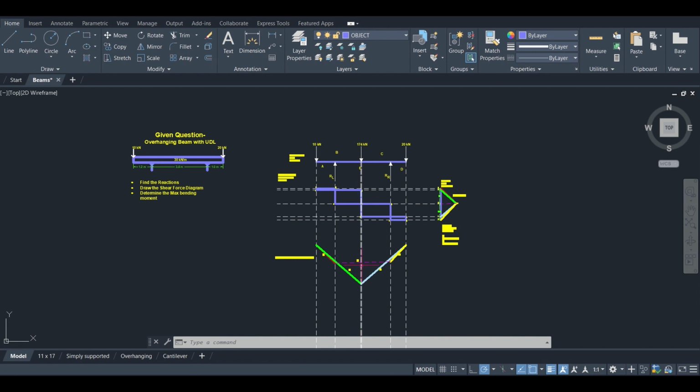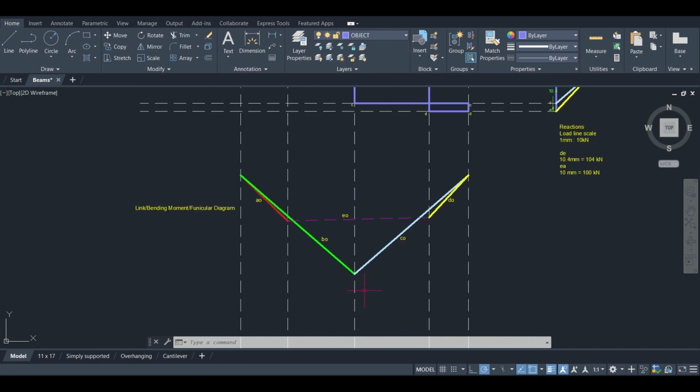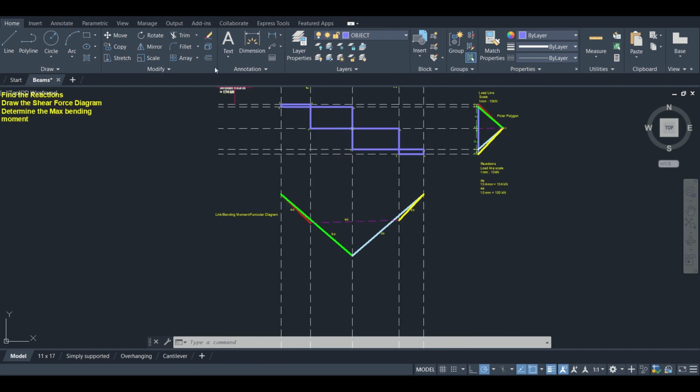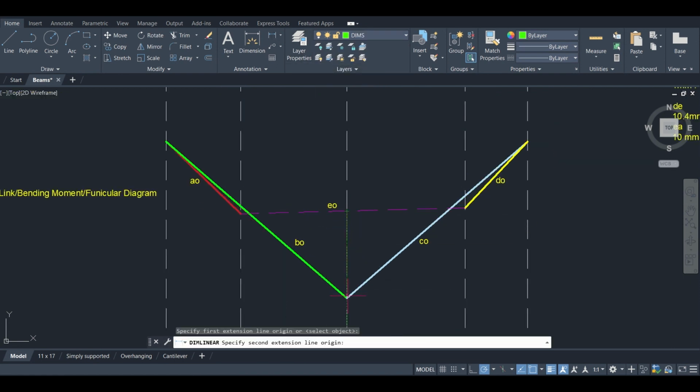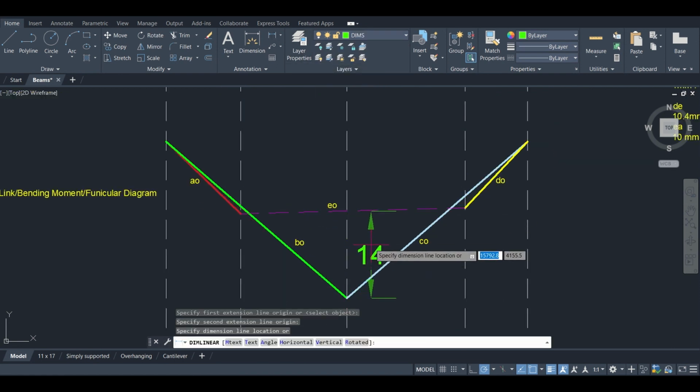It's along this line from our shear force diagram that the max bending moment will occur from our link or funicular or bending moment diagram.